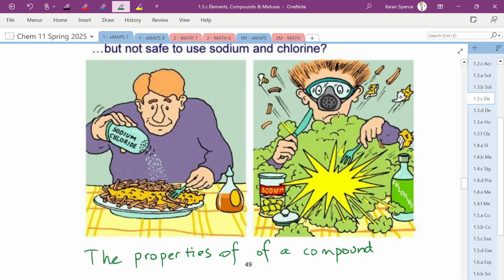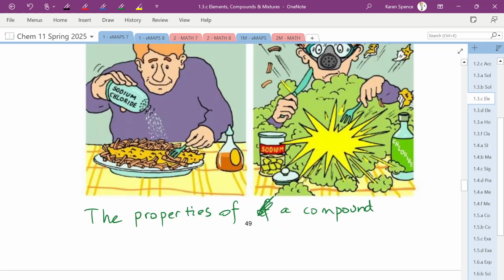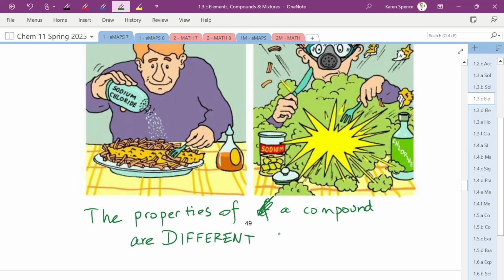So the properties of a compound are different from its elements by themselves.